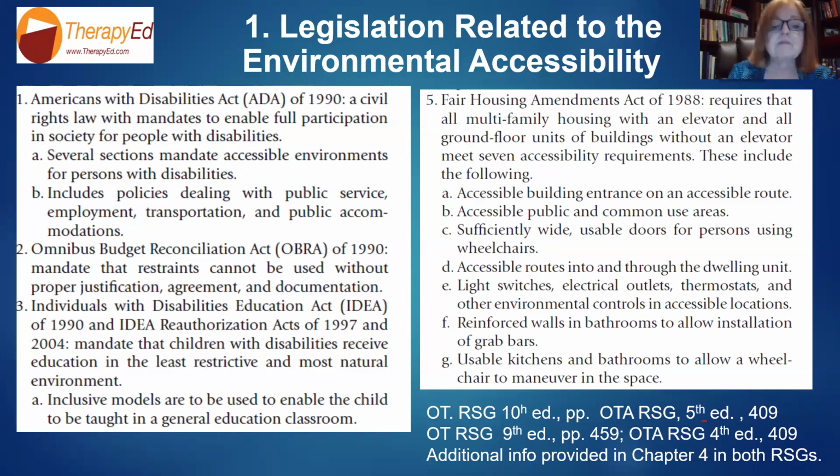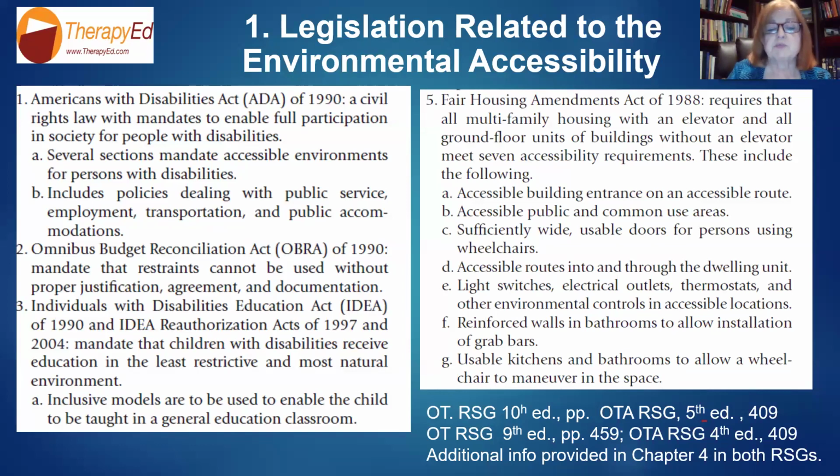ADA mandates. OBRA is another important legislation related to environmental accessibility, and that's about restraint reduction. Now, we're not going to go over restraint reduction this evening because we're talking about ADA accessibility as far as environmental accessibility. But I wanted to just include this and mention that it's both in chapter 15 and chapter 16, because when people are restrained, they cannot participate in their environment.